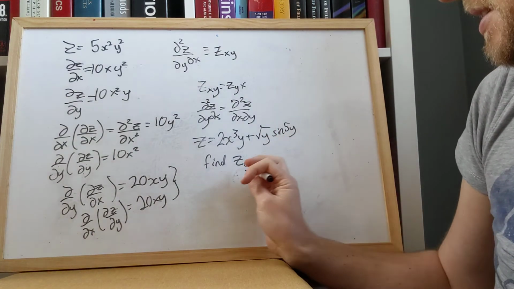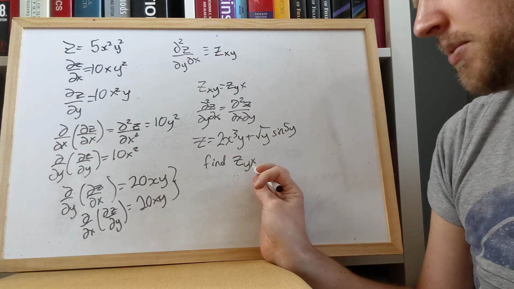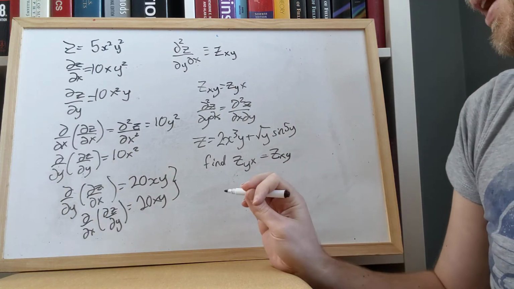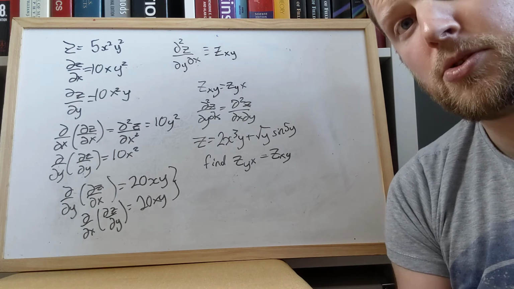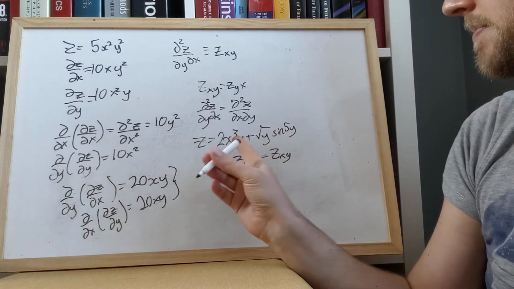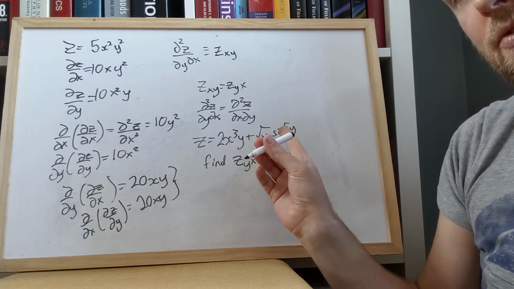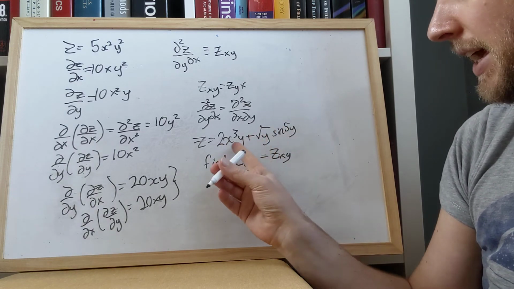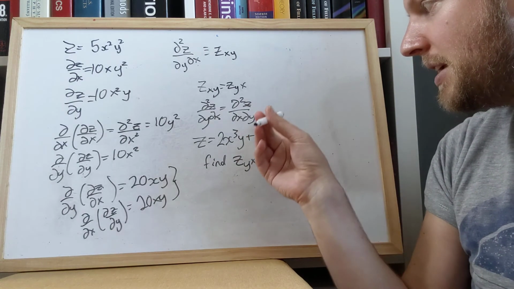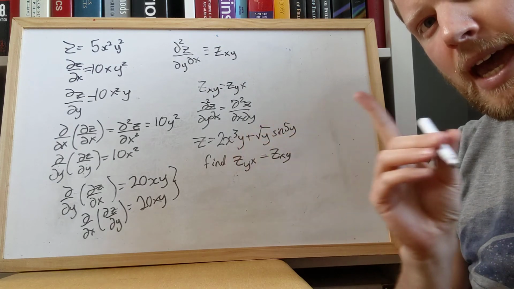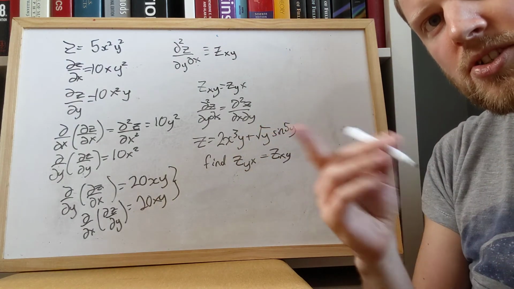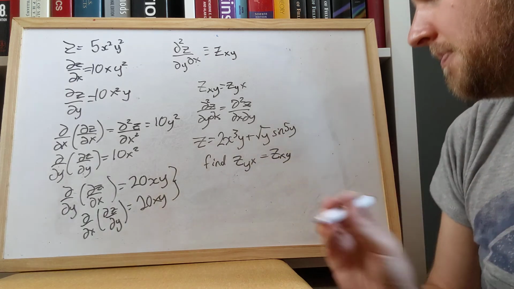But what we could say is, well, if we want to find zyx, well, that's just the same as finding zxy. So we differentiate with respect to x first and then y, and it should give us the same answer. Now, if we differentiate with respect to x first here, then what happens is the second term will just be equal to 0, because if we're differentiating with respect to x, then this term is just a constant, and constants always differentiate to 0.